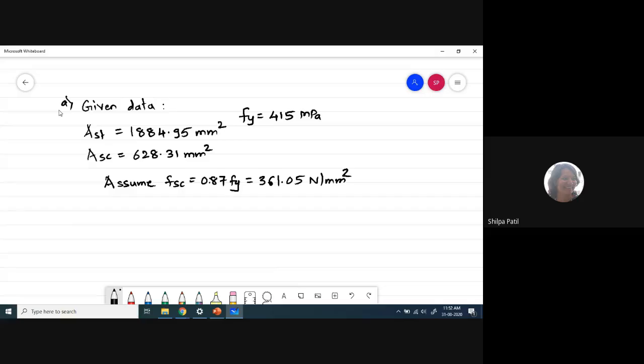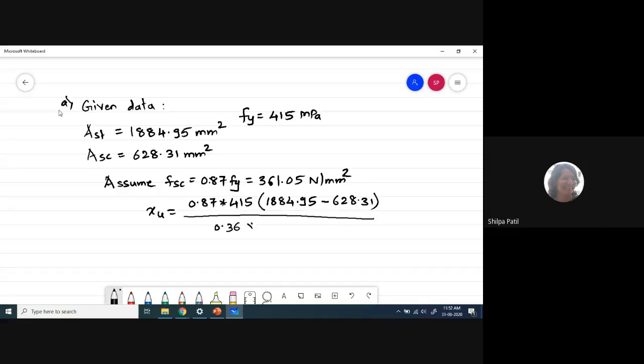All right. Now let us calculate XU. So it is 0.87 FY into bracket, I have taken this as common, so it will be 1884.95 minus 628.31, divided by 0.36 FCK into B. Okay.